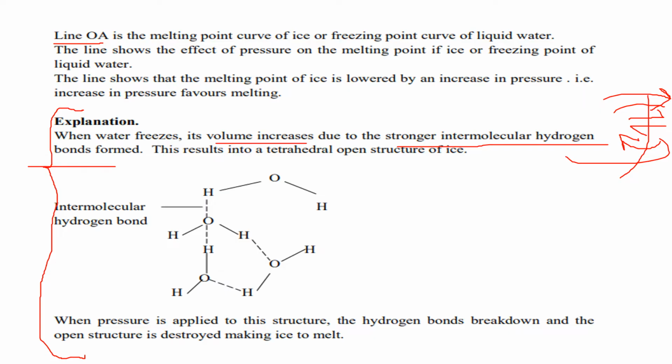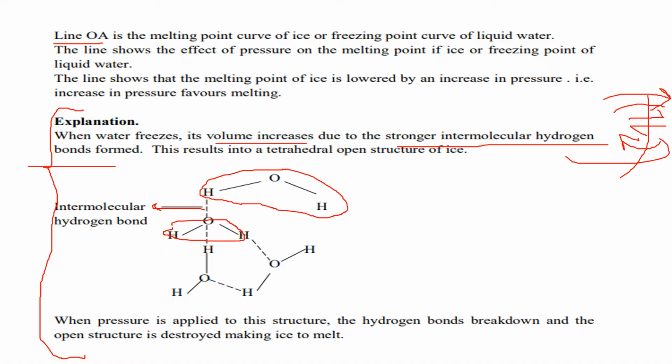Now remember this is a water molecule. This is a separate water molecule. In water there are very many water molecules. Between these water molecules we form what we call intermolecular hydrogen bonds. These imaginary lines form between a highly electronegative element like oxygen and hydrogen.